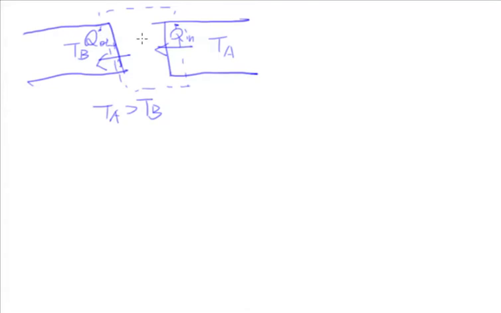We can assume that the control volume is at steady state, which basically means the total internal energy doesn't change. If we apply the first law, we get minus Q dot in plus Q dot out plus dE/dt equals 0, and this term is 0.